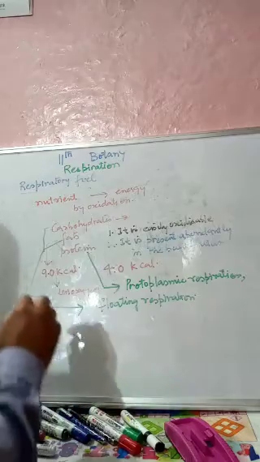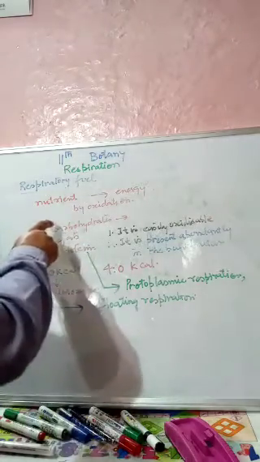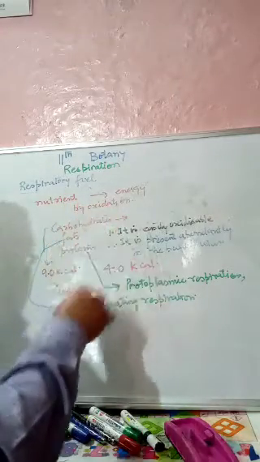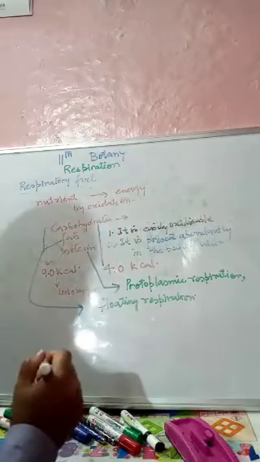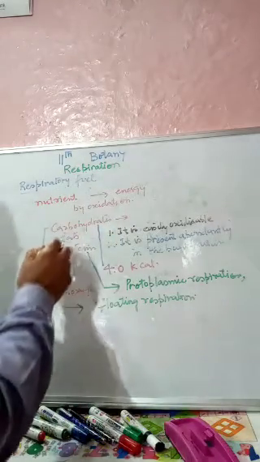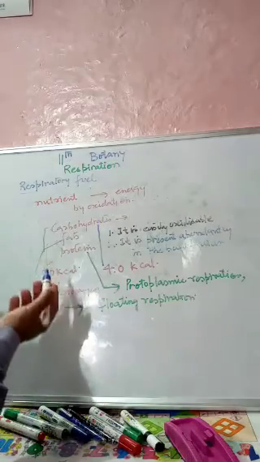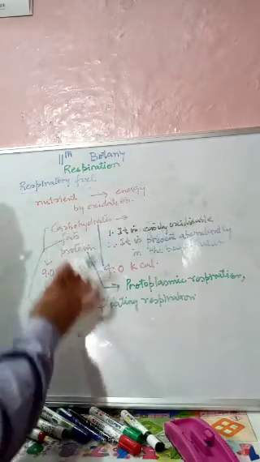Its fuel value is 4.0 kilocalories, while that of fats is 9.0 kilocalories. But fats are not good respiratory fuels because they are not easily oxidized and they have got less oxygen.